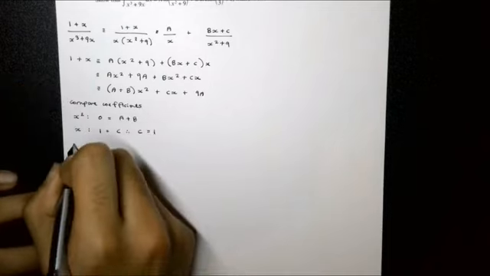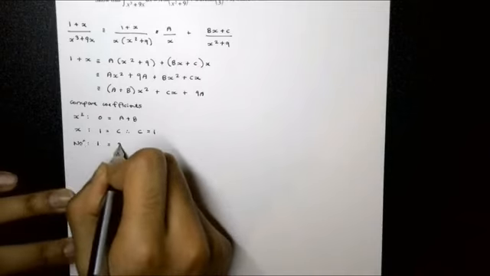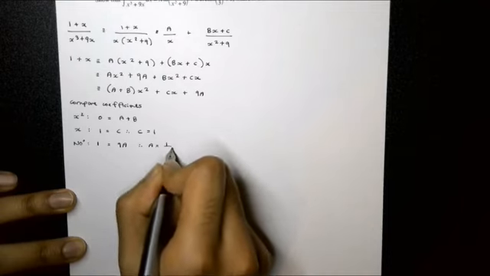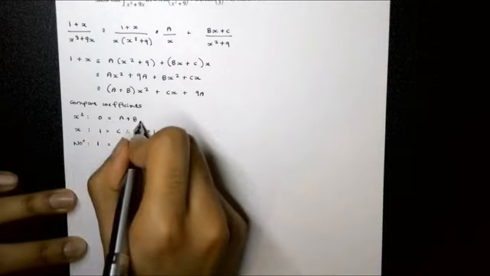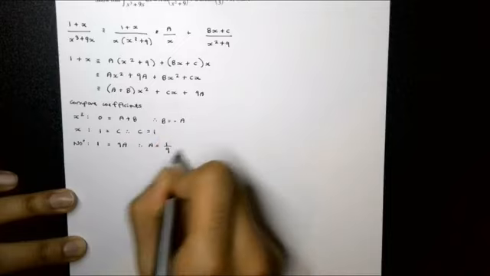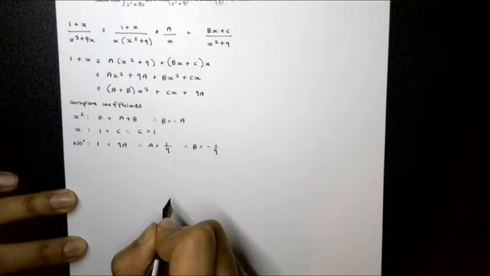And now if we compare the numbers, on the left hand side we've got 1, on the right hand side we've got 9a, so a is equal to 1 over 9. And now from this first equation, a plus b equals 0, you can see that b is equal to minus a, so therefore b is equal to minus 1 over 9.